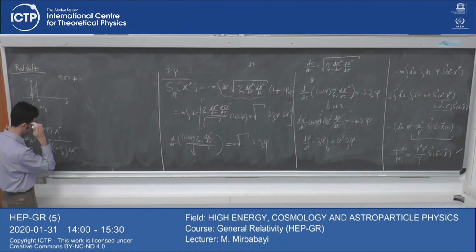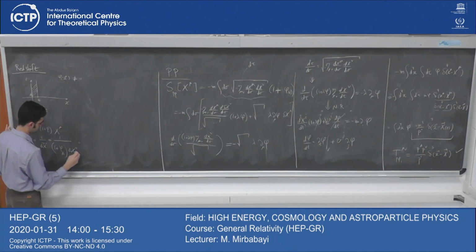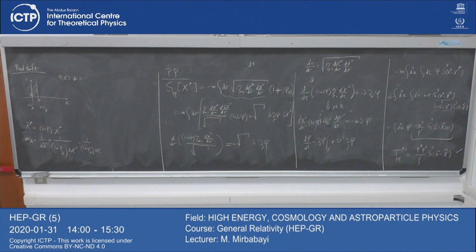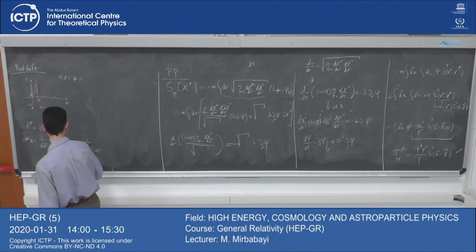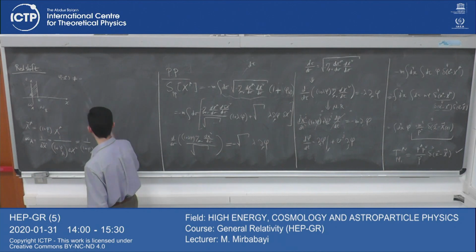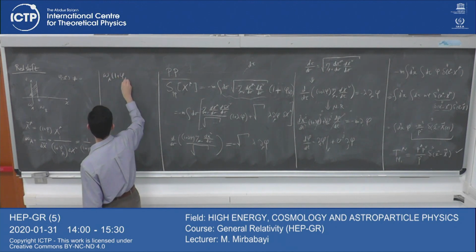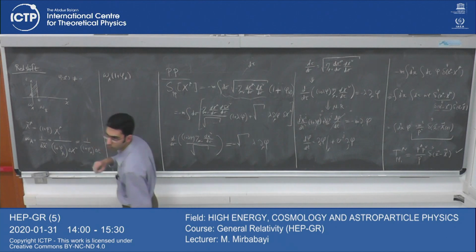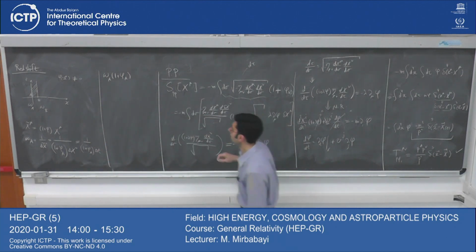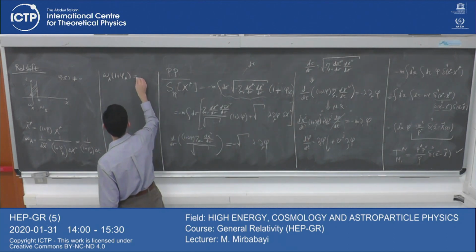It's what I call delta t, which remains invariant. So what we conclude is that omega A times 1 plus phi A has to be constant.